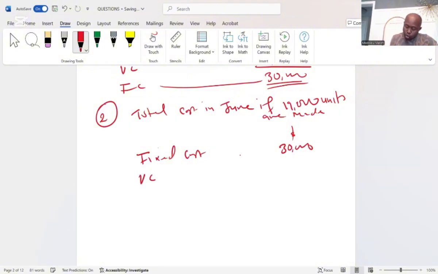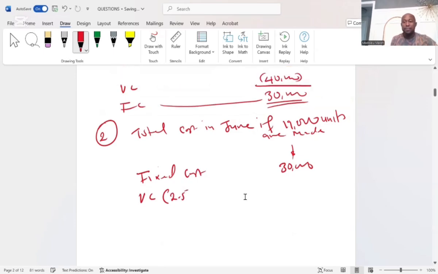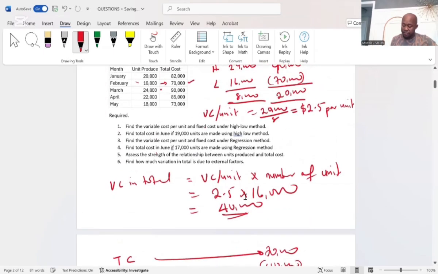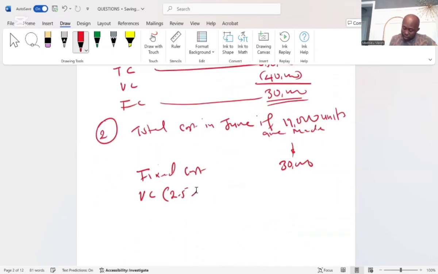Now our variable cost, we have 2.5 already calculated. How many units? 19,000 units. 2.5 at 19,000 will give us 47,500.